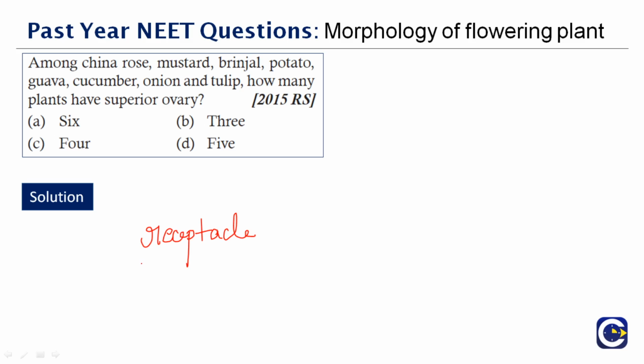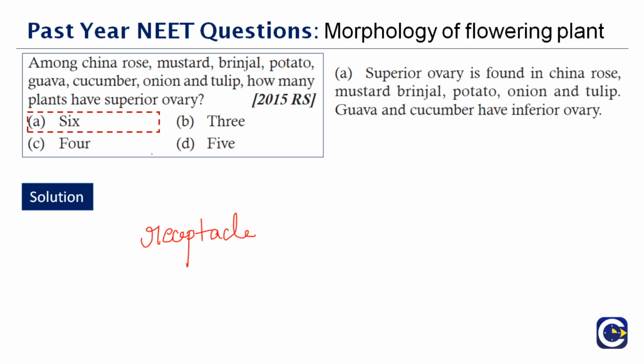Among China rose, mustard, brinjal and the rest of the list, how many plants have superior ovary? If you see, it is 6. Superior ovary is found in China rose, mustard, brinjal, potato, onion and tulip, while guava and cucumber have inferior ovary. Therefore, the right answer to this question is option A.